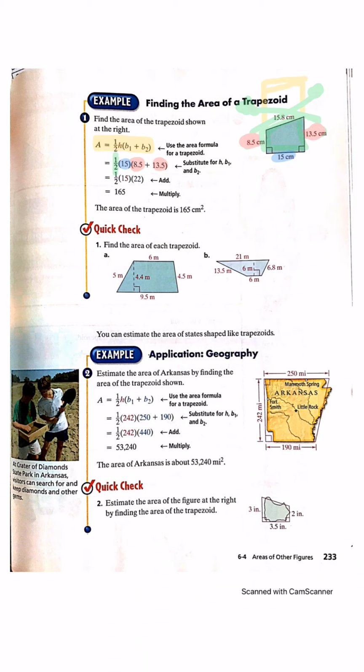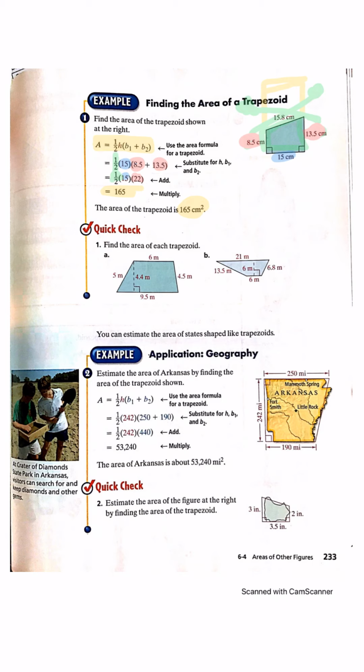So then we get 8.5 plus 13.5 equals 22. Multiply that by 15. Divide it by 2. Our answer is going to be 165. And of course, when we're talking about area, we add in the measurement, so centimeters squared.